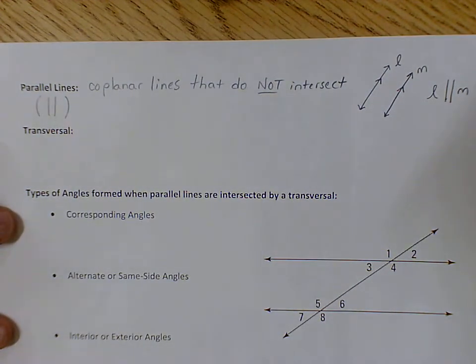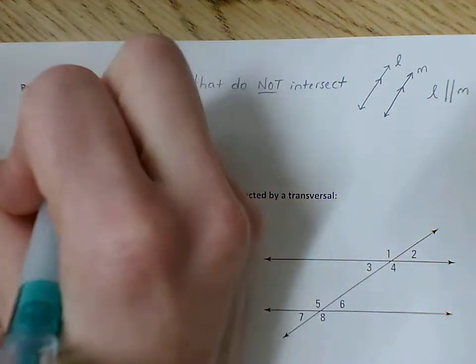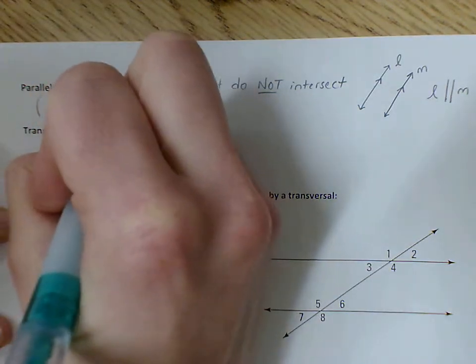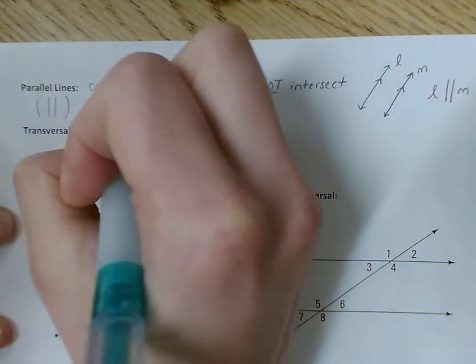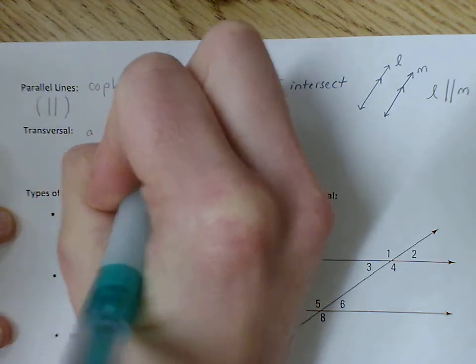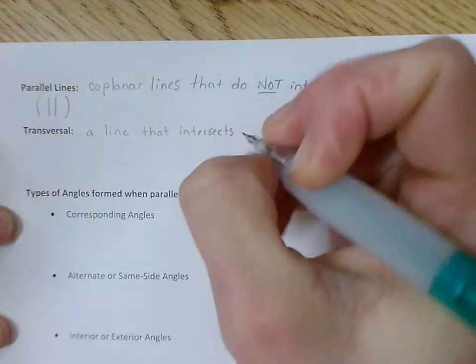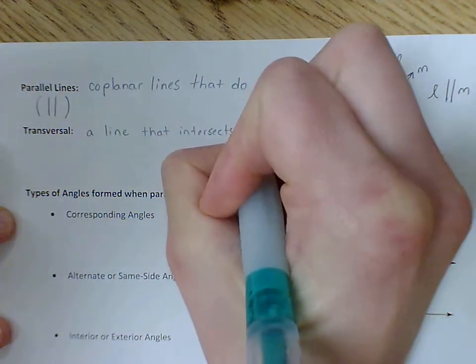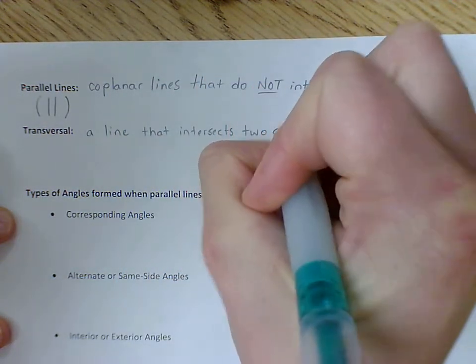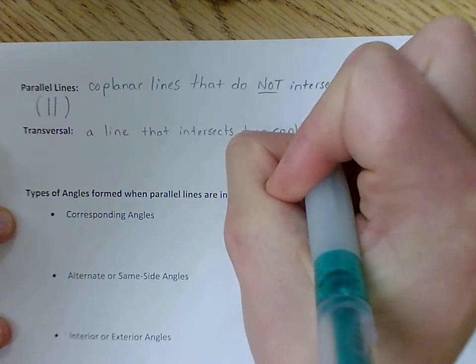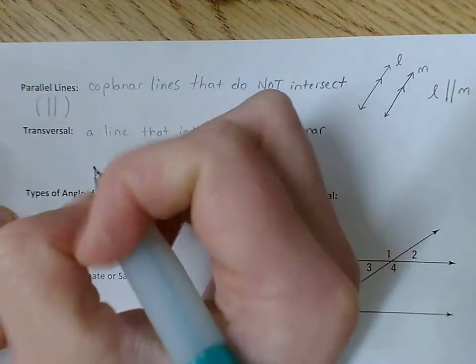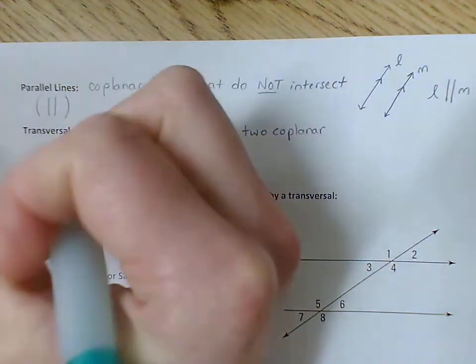Okay, now a transversal is a line that intersects two coplanar lines at two distinct points.